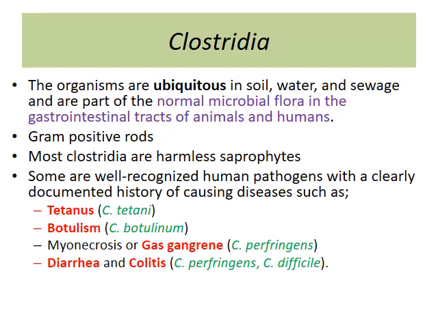So this particular family of organisms is ubiquitous. This means present everywhere. It's in the soil, it's in the water, it's in the sewage, and on top of that, which is something that you need to remember, we have this one as a normal microbial flora.